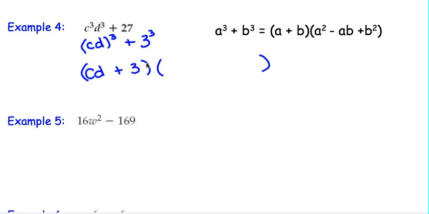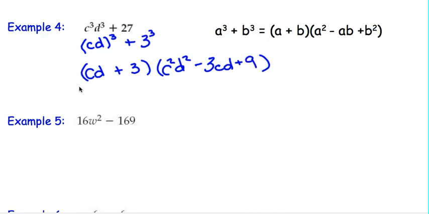And in the next part, I take A squared, so that's CD squared, or C squared D squared, minus my A times my B, so that's CD times 3, so that's 3CD. And then the last part of the formula is B squared. So in this example, that's 3 squared, and 3 squared is 9. And this symbol is plus.